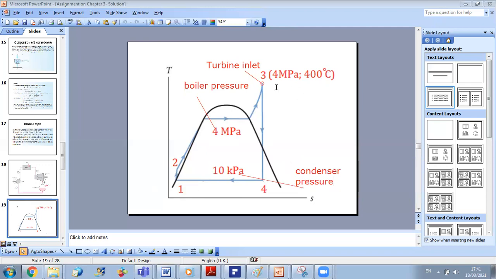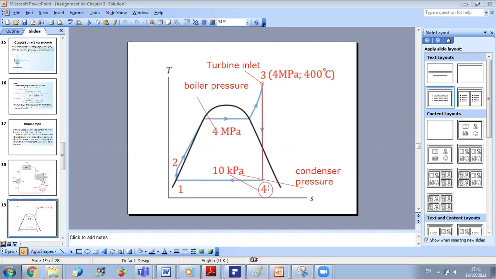Why? Because once we know the conditions at point 3, from 3 to 4, when we go over the turbine, we have constant entropy, constant S. So for point 4, I know now two properties. Point 4 is the inlet of my condenser. So for point 4, the pressure will be 10 kilopascal.